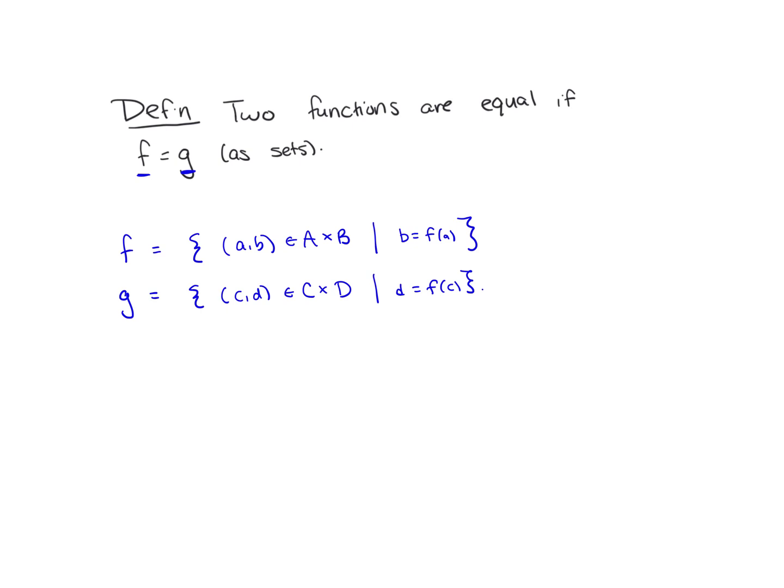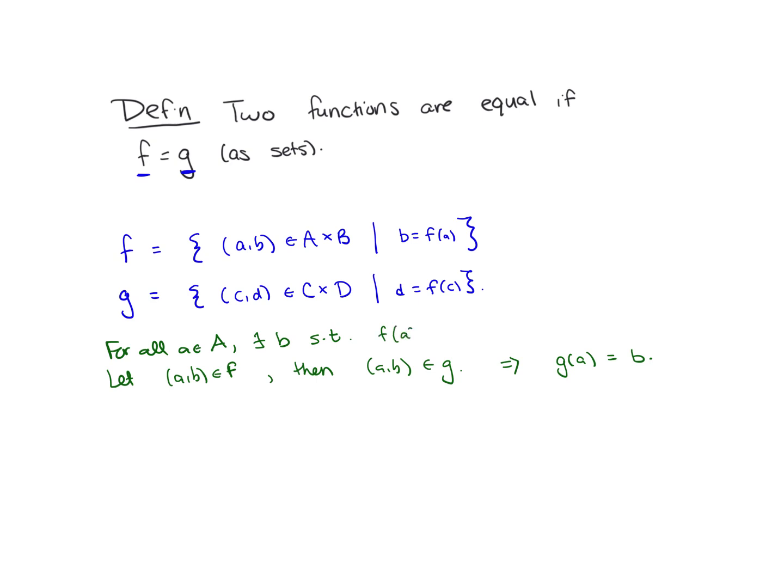Now, if these are equal as sets, so let's say I have some (a, b) element of f, then that (a, b) is also in g since they're equal. But the reason that's in g would mean that g of a equaled b. But right, for all a in A, I know there exists some b such that f of a equals b, because it's a function, which means that (a, b) is in f.